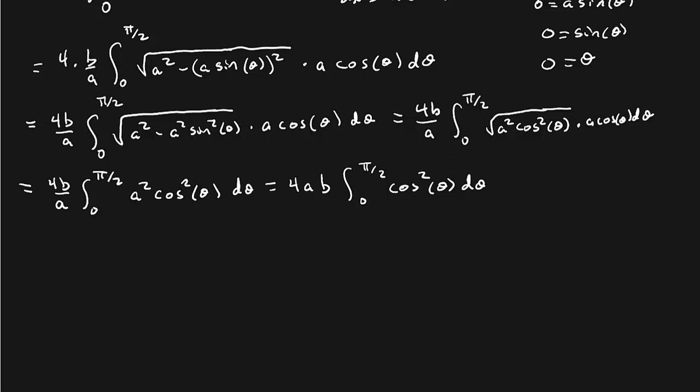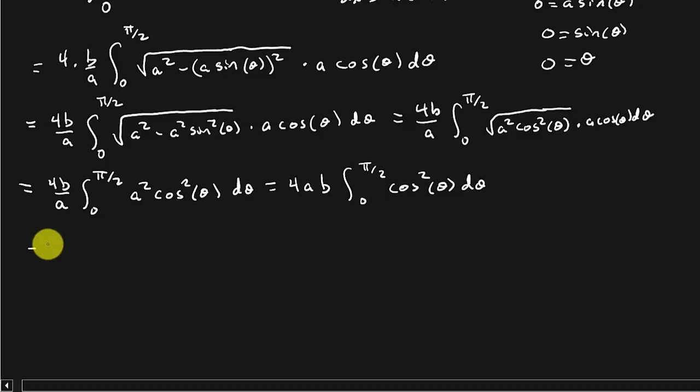Hopefully you still remember this from when you did trigonometric integrals. I did a video on that right before this one, so check out that video, where we work a problem similar to this.